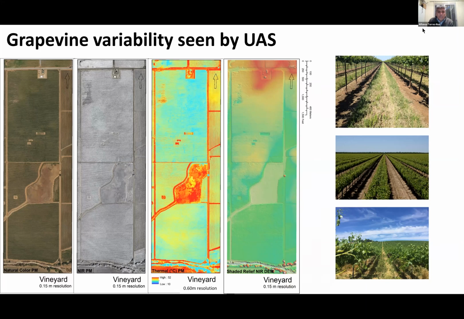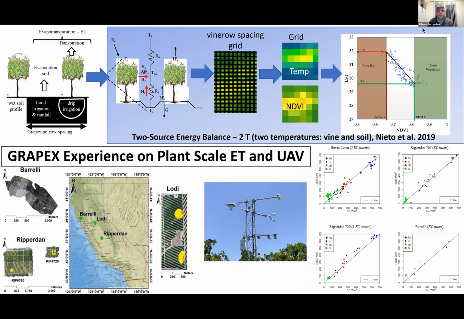This is a complex slide, and the major message from this slide is to summarize the evapotranspiration estimation process using UAV technology. We are favoring a model called the two-source energy balance model, the dual temperature or 2T approach.